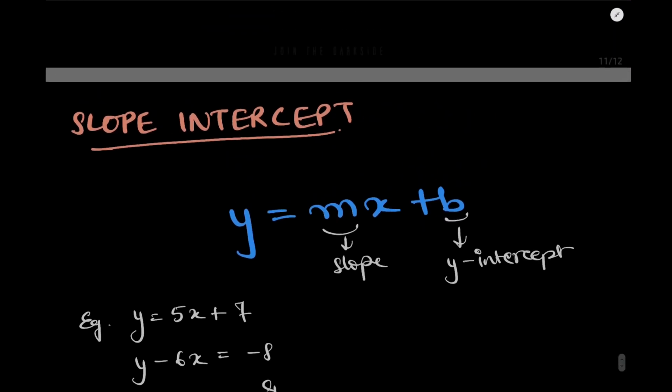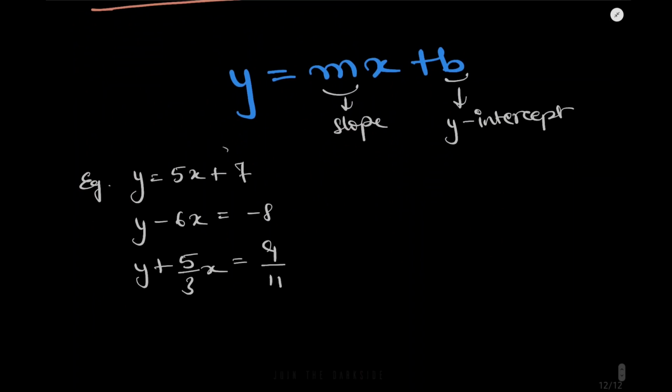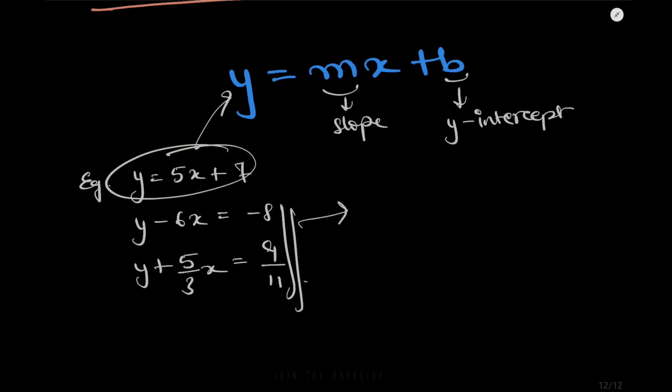You may say that the first looks like the slope-intercept equation, but these two don't. Well, you need to convert them into slope-intercept form so that you can see them.